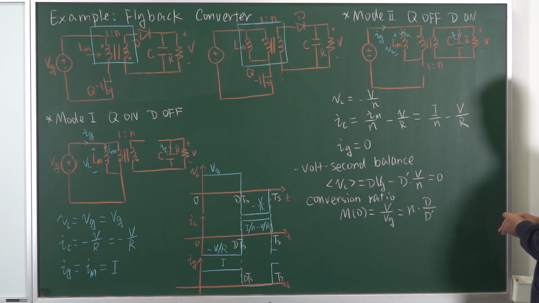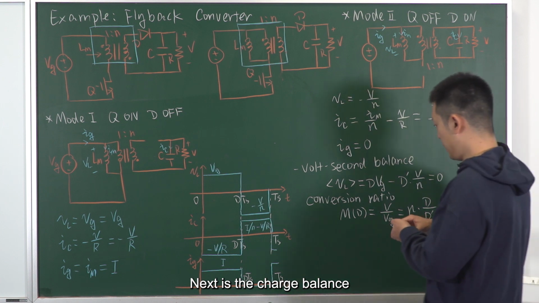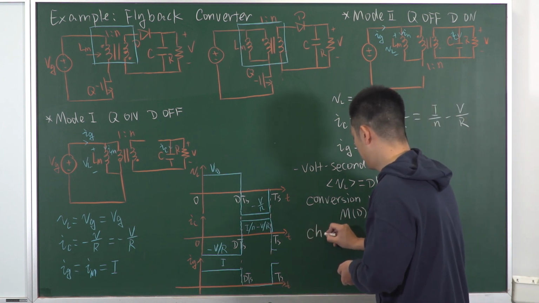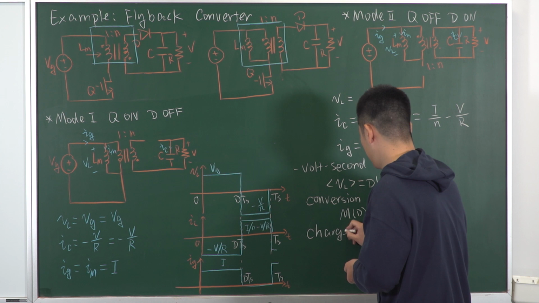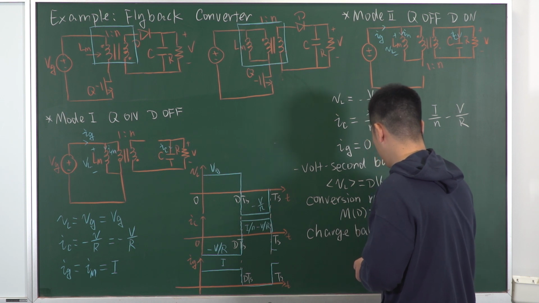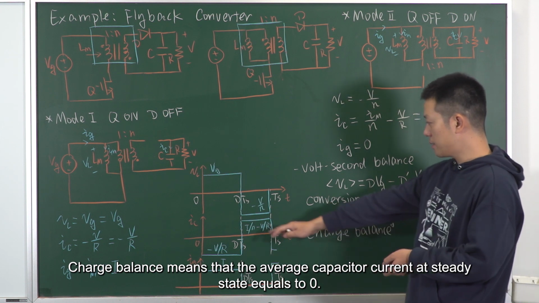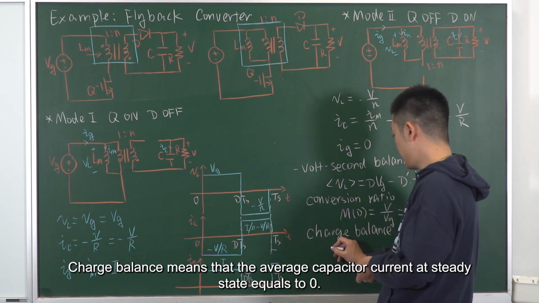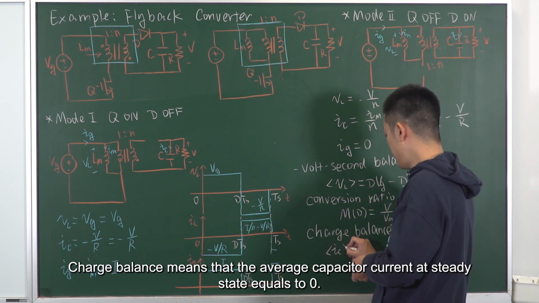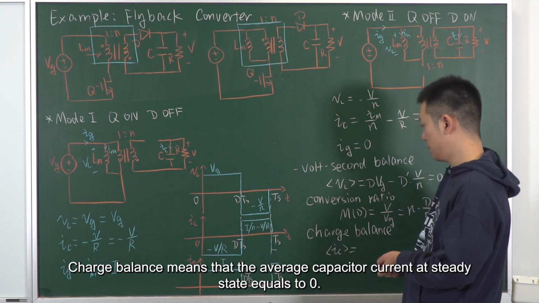And then next is the charge balance. The charge balance principle means that the average capacitor current at steady state equals 0.